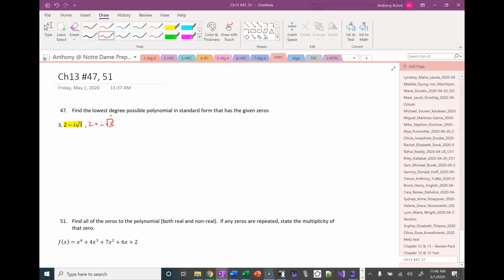So what I do then is I'm going to take each of these zeros and treat them as a solution for x. And by subtracting everything onto one side, what I have is a polynomial that's equal to 0.